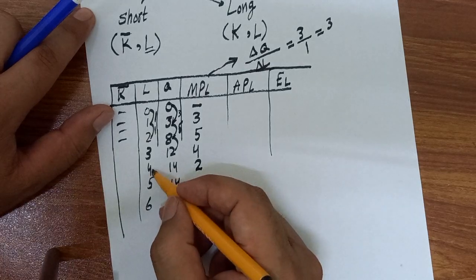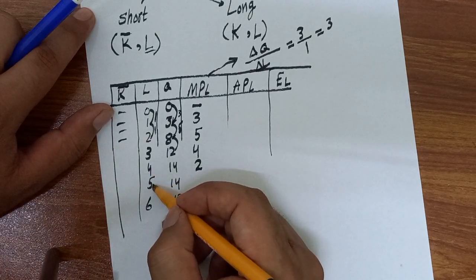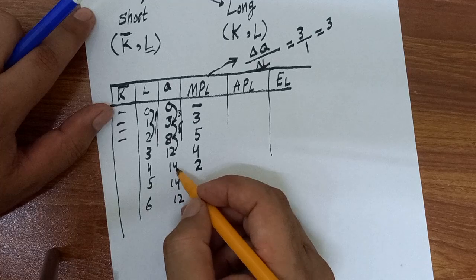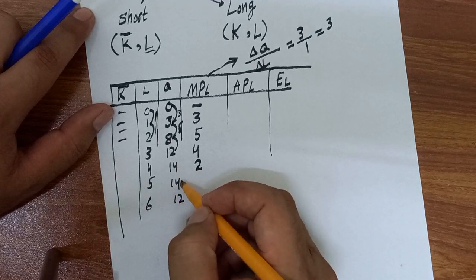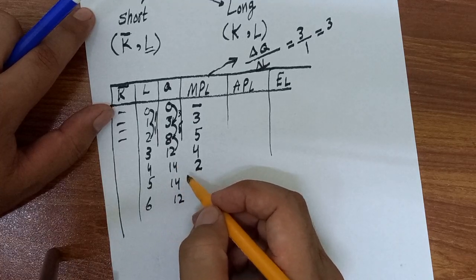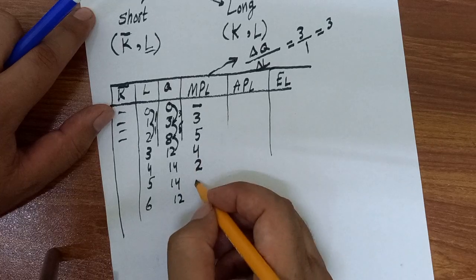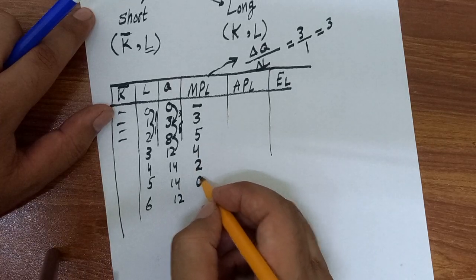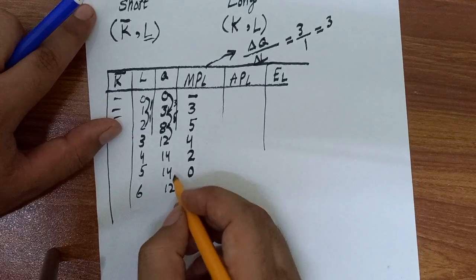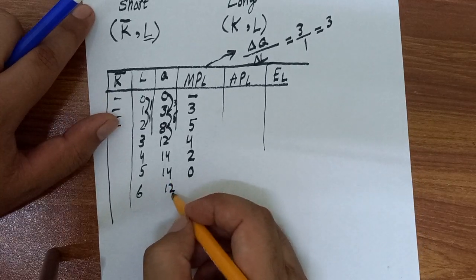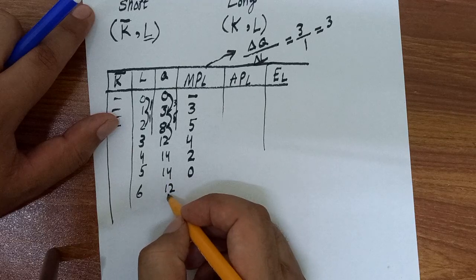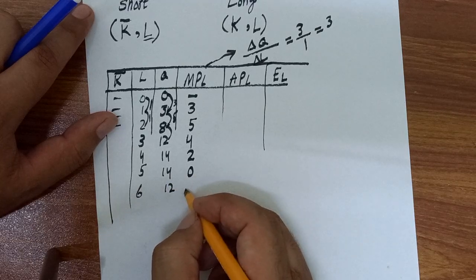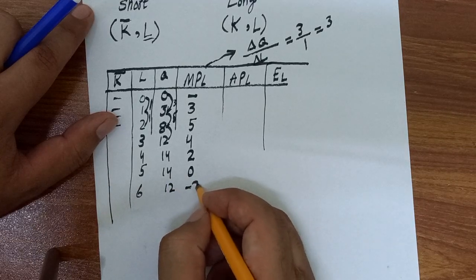From 4 to 5 we have changed by 1 unit, but in quantity from 14 to 14 there is no change. So 0 divided by 1, we will have 0, and here we have negative change. From 14 to 12 we will have minus 2.